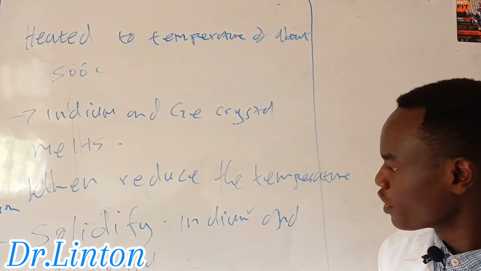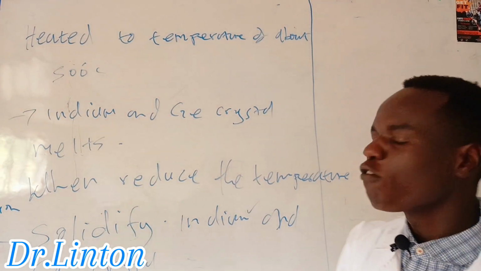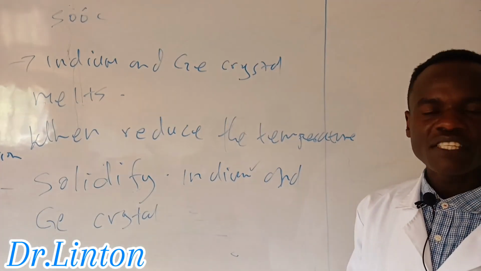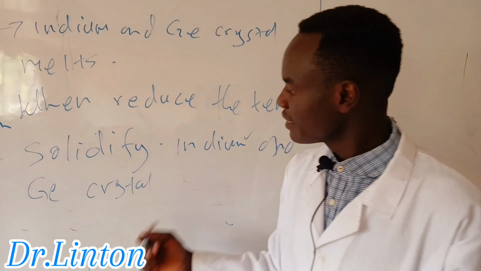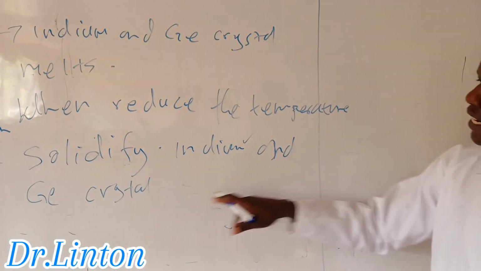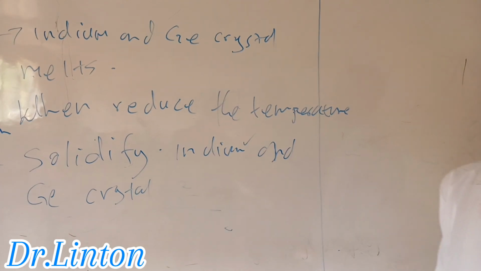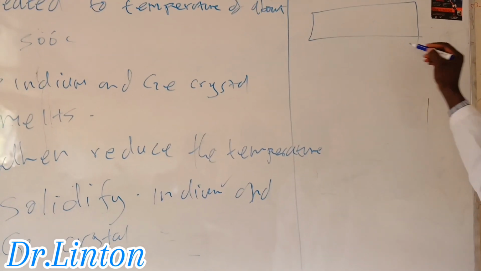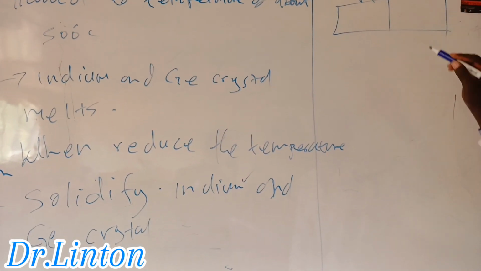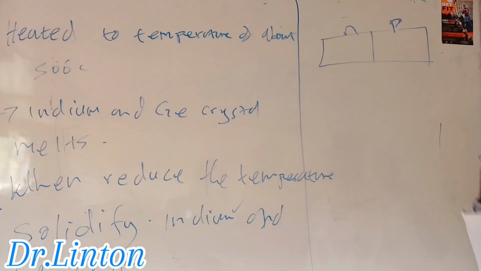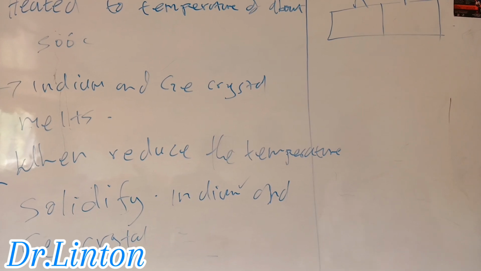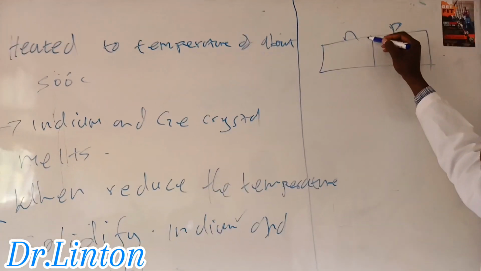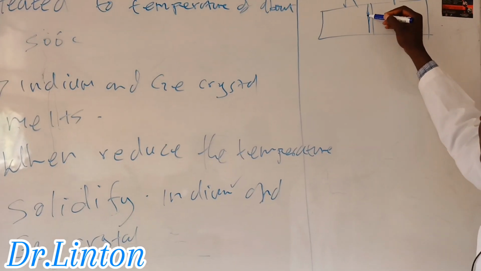Then we will realize that the addition of the indium crystal overcomes the excess of electrons on the surface of the germanium crystal to form a P-type region. So a P-type region will be formed, meaning that we have a boundary here.